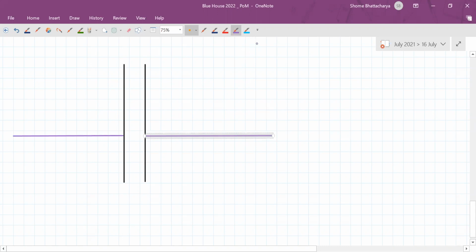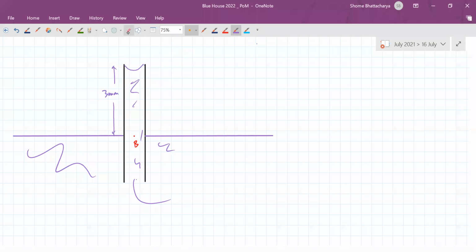Here, if the meniscus shape is the same as it was before, but the height has now become 3 millimeters, the pressure at this point will fall short. Pressure at B will no longer be atmospheric pressure, right? So more liquid will have to come in to balance that pressure difference.